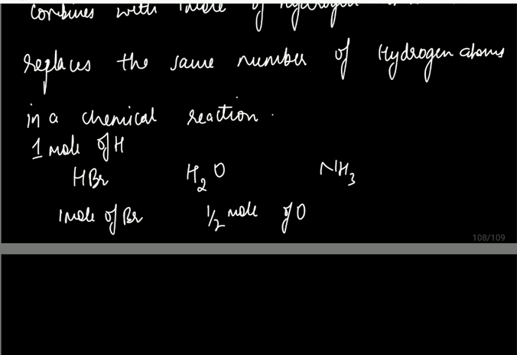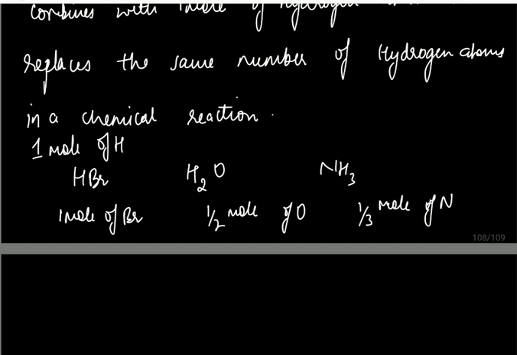Now for ammonia, 1 mole of ammonia is combining with how many moles of hydrogen? 3 moles. So the nitrogen will be considered as 1 by 3 mole of nitrogen. These are the moles we are talking about.